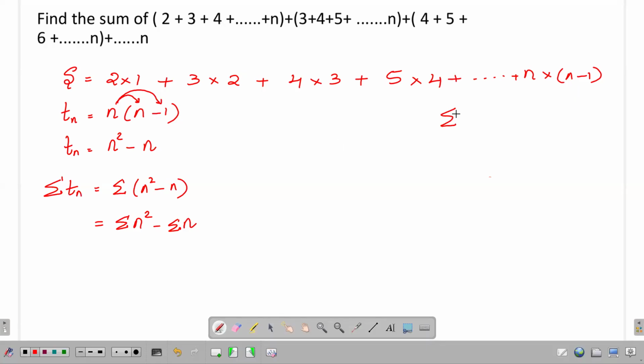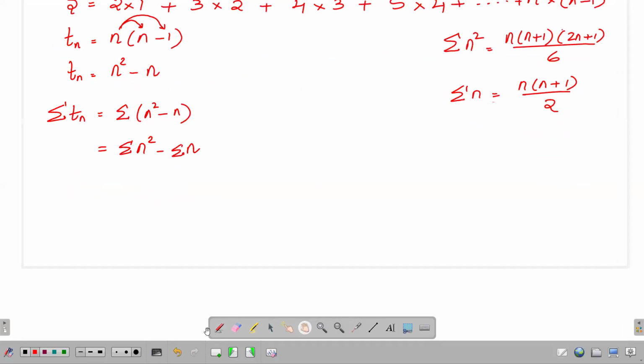Very well, you can recall sigma n square is equal to n into n plus 1 into 2n plus 1, whole divided by 6, and sigma n will be n into n plus 1 upon 2. Okay, so you just need to substitute the sigma n square and sigma n expressions in this and simplify it.